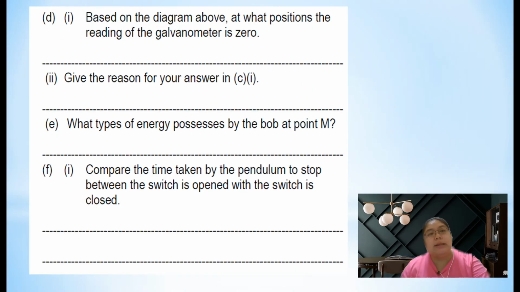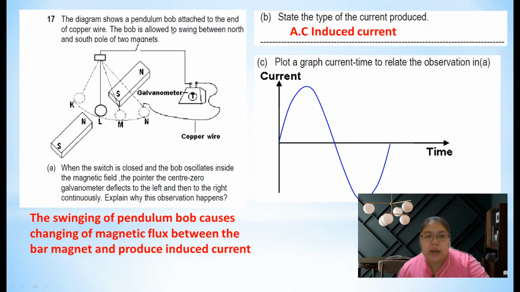That's D. Okay, based on your diagram above, at which position is the reading of the galvanometer 0? Okay, we refer to the diagram. Which part do you find the galvanometer will become 0? Okay, we find it, the furthest one. The ping pong ball should be the furthest one. We find that one cannot cut the flux.